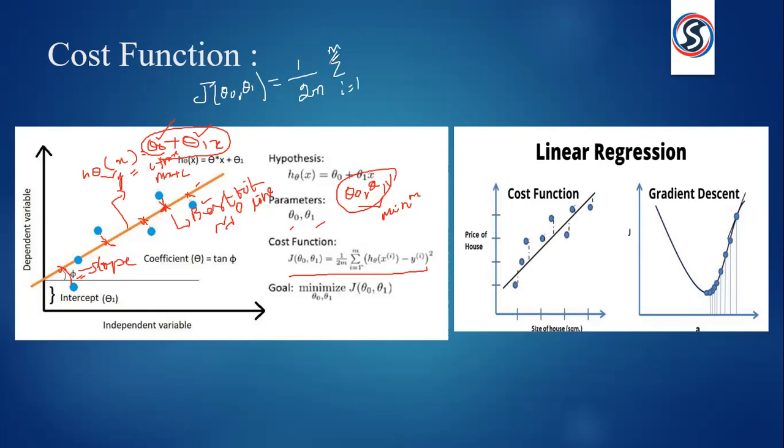Summation of i equals 1 to m. M is nothing but all my data points. This summation means I have to do the summation from the first data point to all my data points.